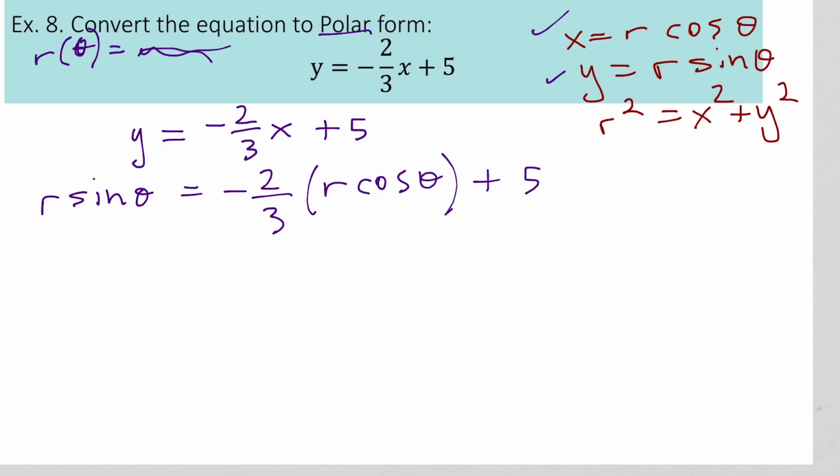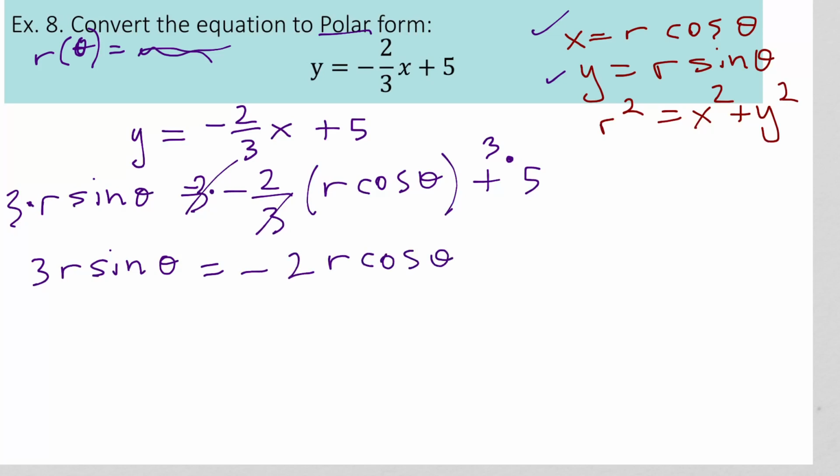All right, so let's go ahead and multiply everything by 3 to clear the fraction. So that would be 3r sine of theta is equal to negative 2r cosine of theta plus 15.